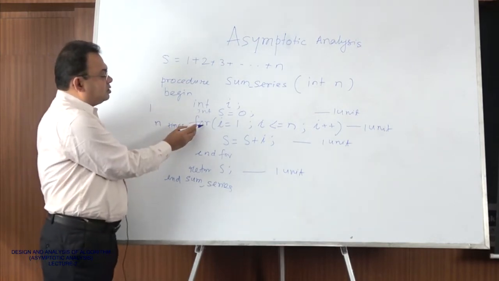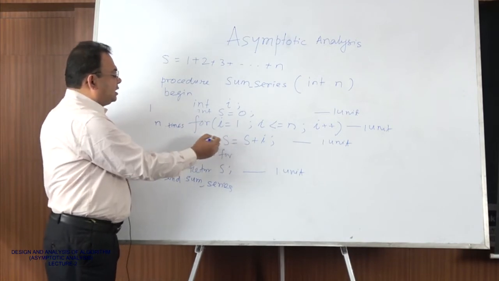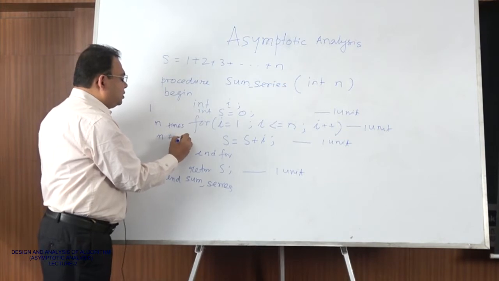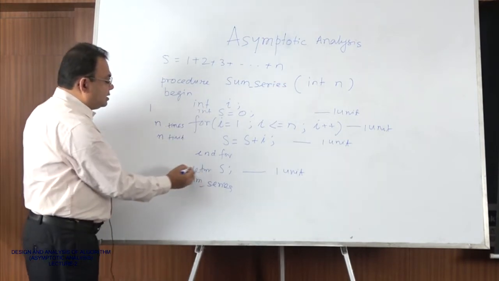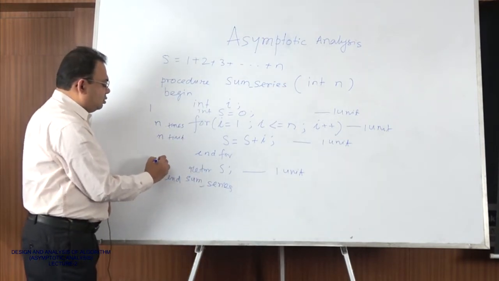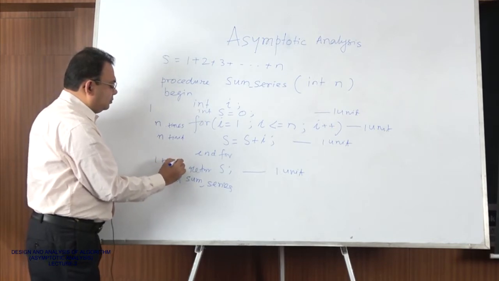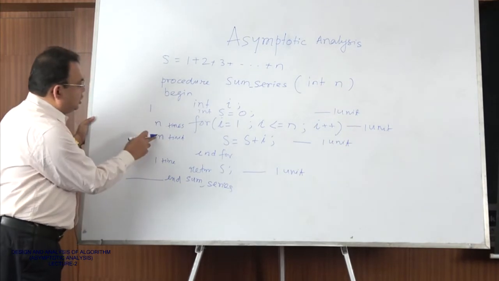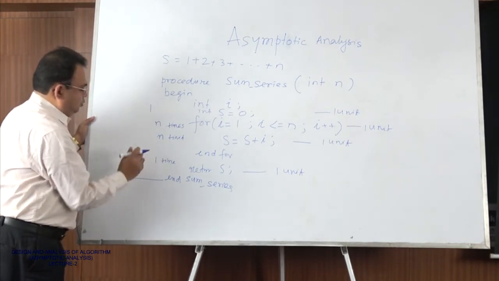For every iteration of this loop the statement inside is executed, so this also takes n units, and the return statement is executed only once, so it takes 1. The total count is 2n plus 2.